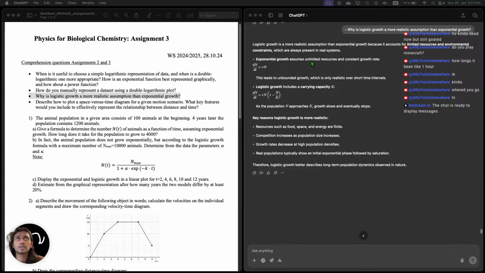Logistic growth is a more realistic assumption than exponential growth because it accounts for limited resources and environmental constraints, which are always present in real systems. Exponential growth assumes unlimited resources and a constant growth rate. This leads to unbounded growth, which is only realistic over a short time interval. Logistic growth includes a carrying capacity K. As population N approaches K, growth slows down and eventually stops. Carrying capacity, okay. Key reasons logistic growth is more realistic: resources. Hmm.